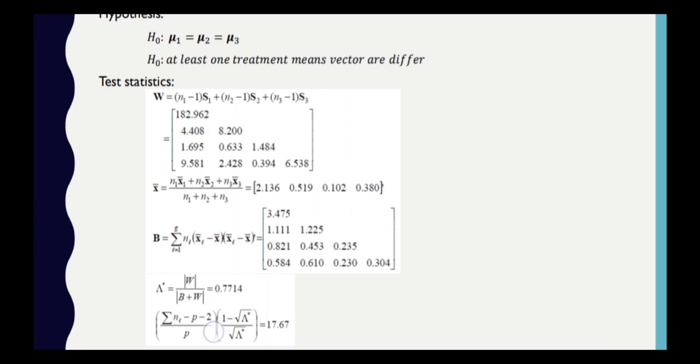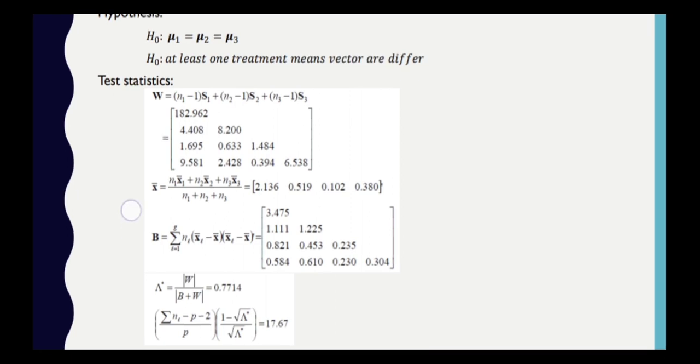Kenapa? If we can see here, our p is 4, our population is 3. Okay, tengok balik table 6.3 you tadi dekat page 303.